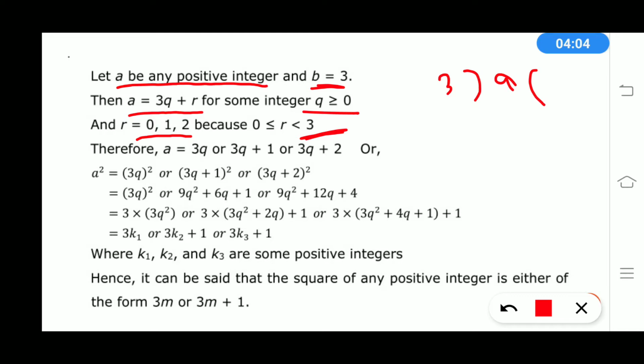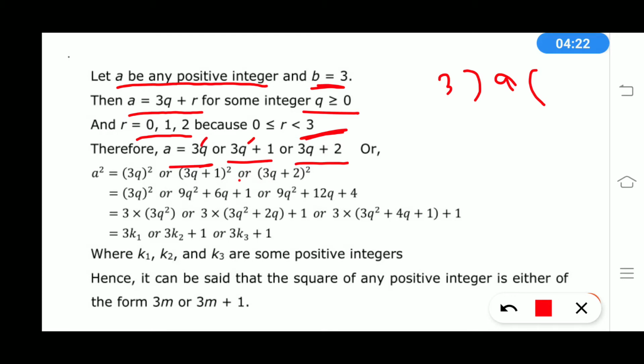Now a equal to 3q or 3q plus 1 or 3q plus 2, that means 3q plus r: when r equals 0, then 3q; when r equals 1, that means 3q plus 1; when r equals 2, then 3q plus 2. Now square of those numbers.